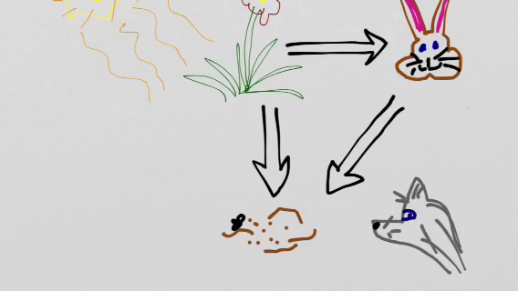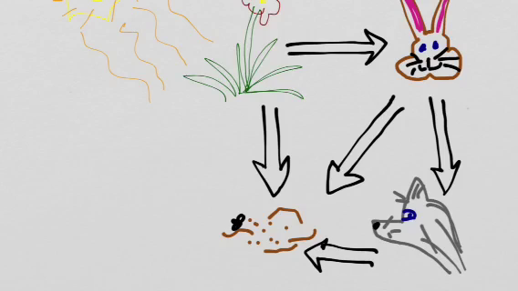There's my wolf. Now, the energy that is in that rabbit, if it's consumed by the wolf, will go into the wolf, correct? But do wolves live forever? No, they don't. They die at some point as well. So the wolf's energy also goes back to the decomposers.